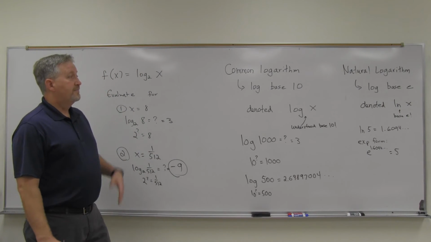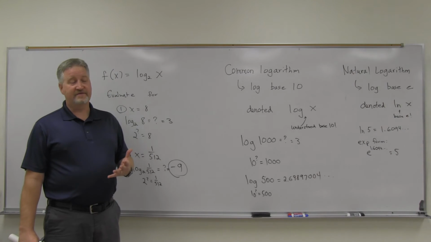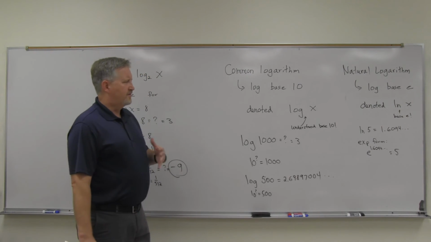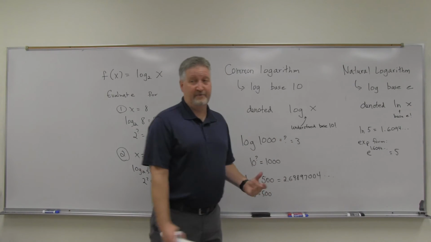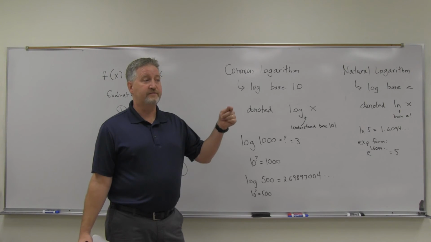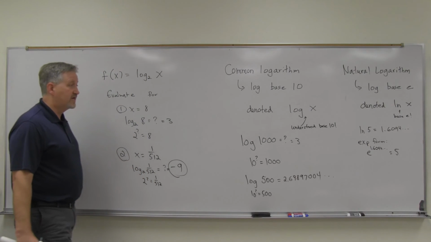But again, these are not at all nice numbers, unless you have a power of E, because you're dealing with base E, which, remember what E was? What number was E? 2.71828 was the first few decimal places of it.